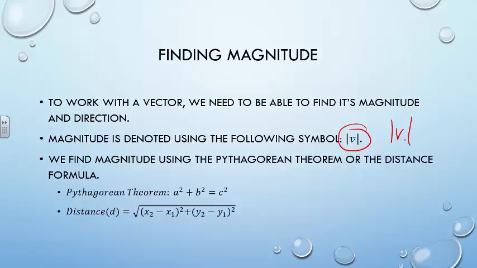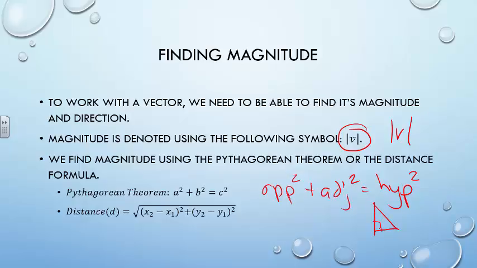And we find the magnitude using the Pythagorean theorem or the distance formula, remembering that the Pythagorean theorem is a squared plus b squared equals c squared, or as we like to say in trigonometry, opposite squared plus adjacent squared equals the hypotenuse squared on a right triangle.